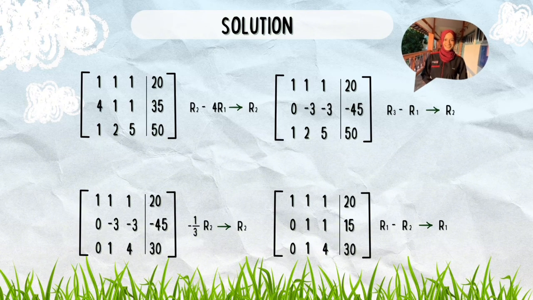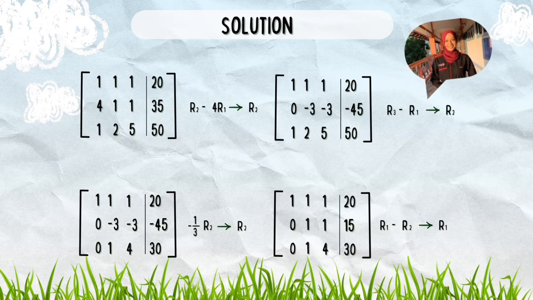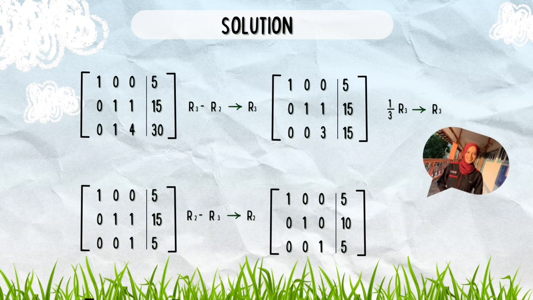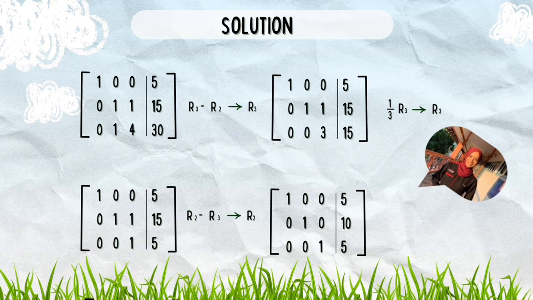For the second column, we have to make row 2 the leading 1, changing -3 to 1. So the equation is -1/3 times row 2 becomes row 2. And the answer for row 2 is 0, 1, 1, 15. For row 1 and row 3 in column 2, we have to make them 0 since they are not the leading.